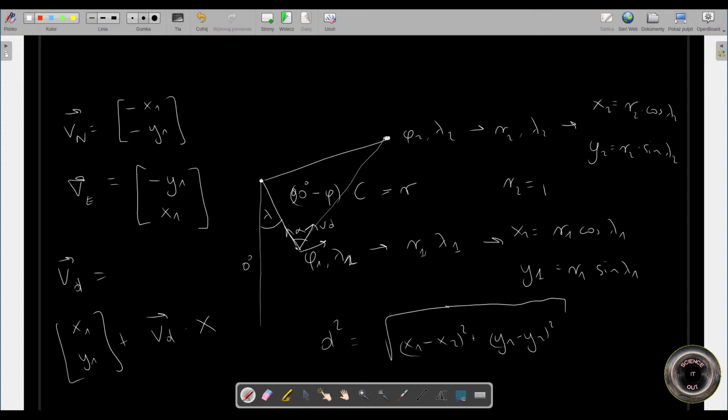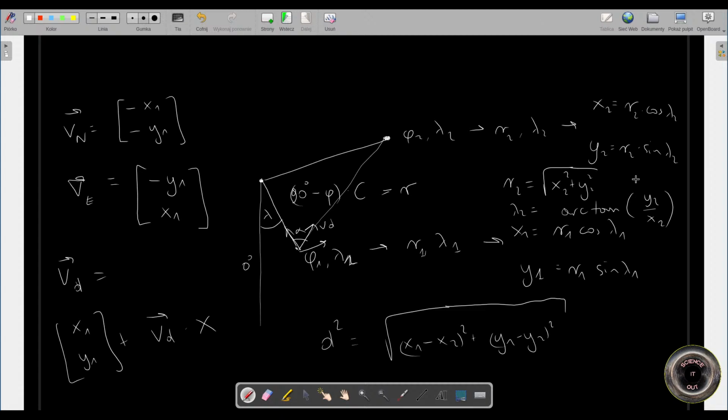So r2 is just square root of x2 squared plus y2 squared, and lambda 2 is equal to the arctangent of y2 divided by x2.